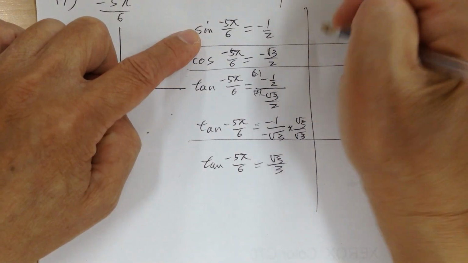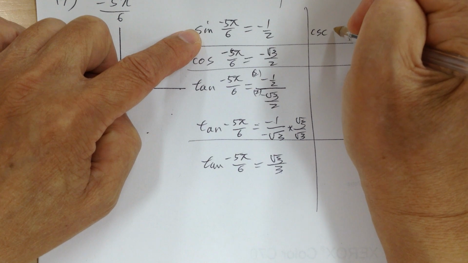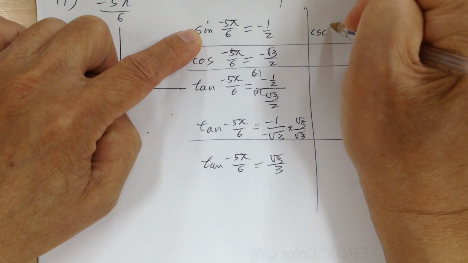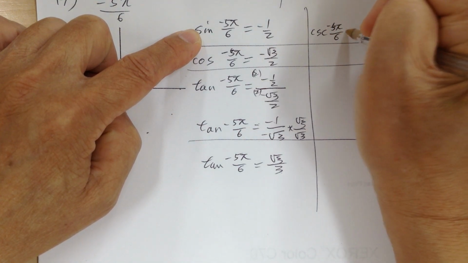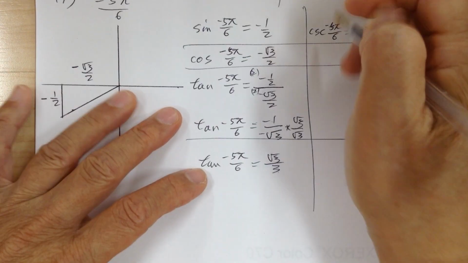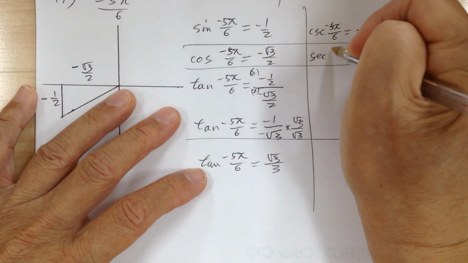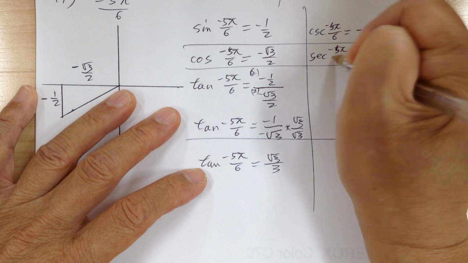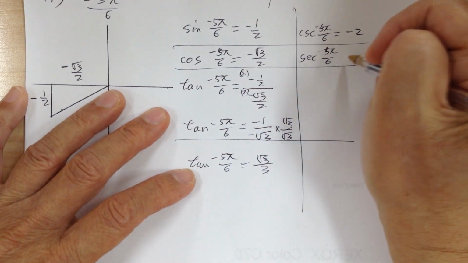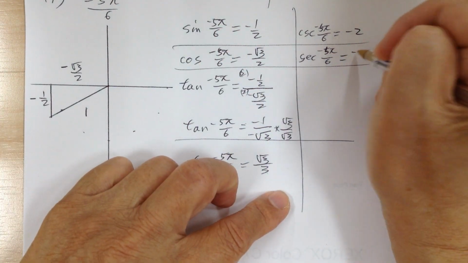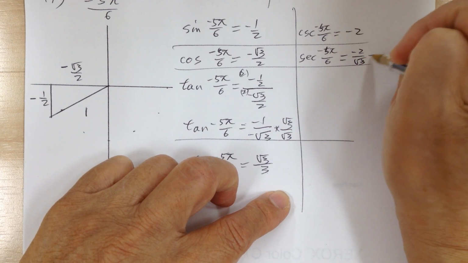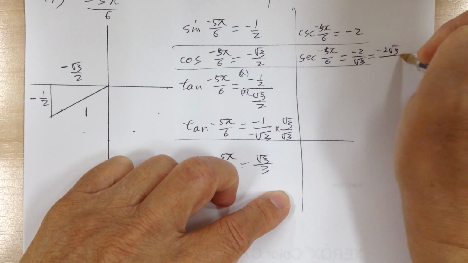So then you go and get your cosecant. You flip it over, you get negative 2. And secant, you flip it over, you get negative 2 over square root of 3. And this will equal negative 2 square root of 3 over 3.